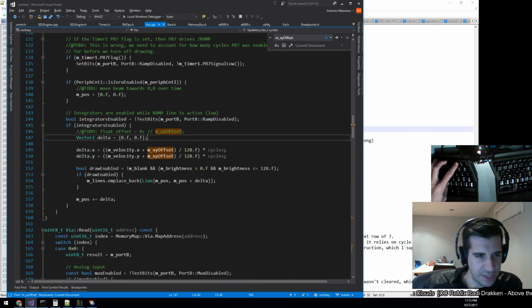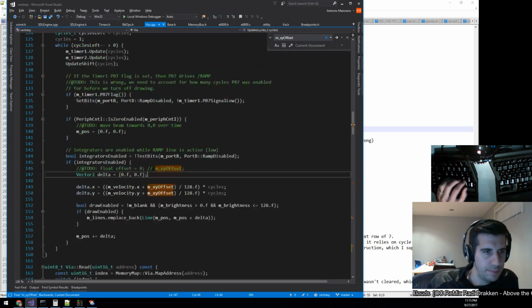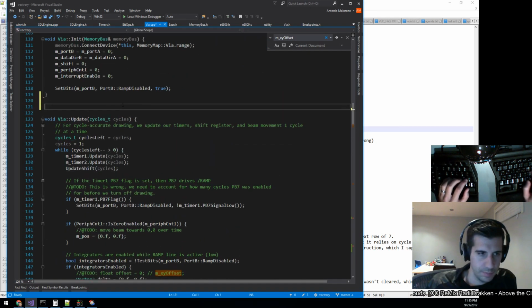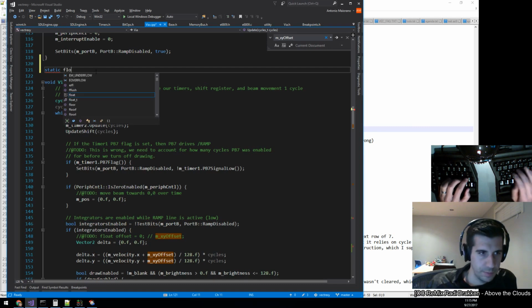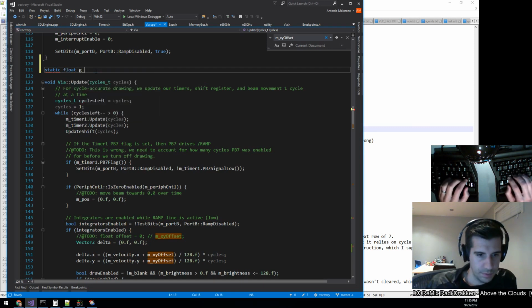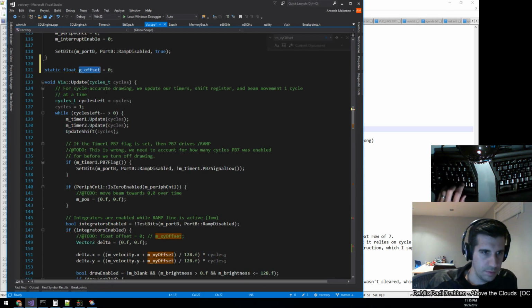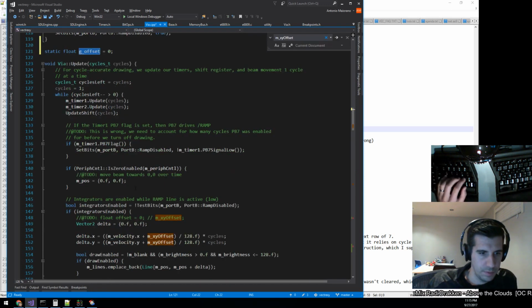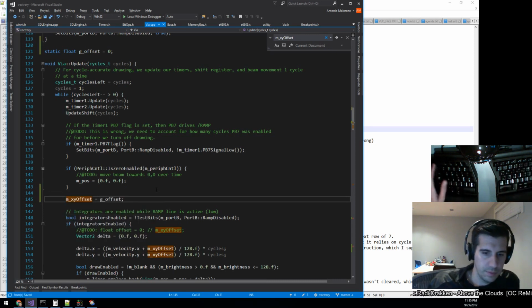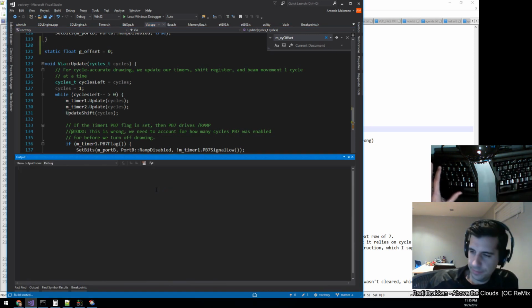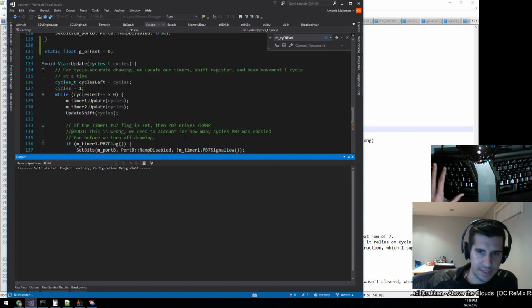What we could try just as a quick hack is, let's try this. Let's mess around a bit with the offset and see if it actually does do what I think it does.